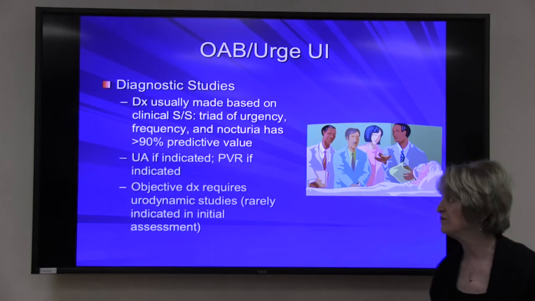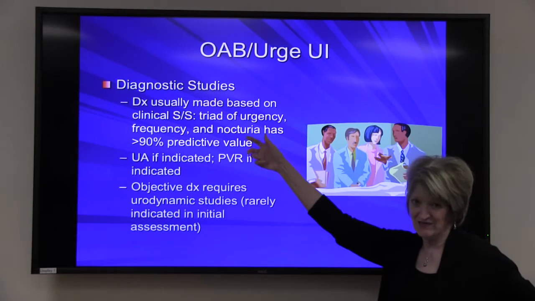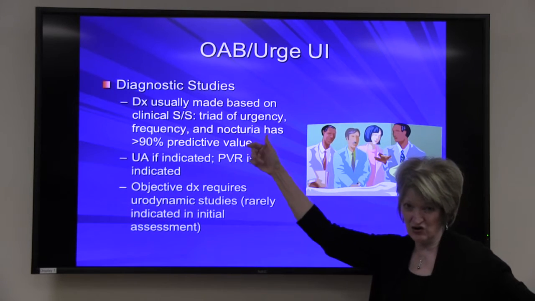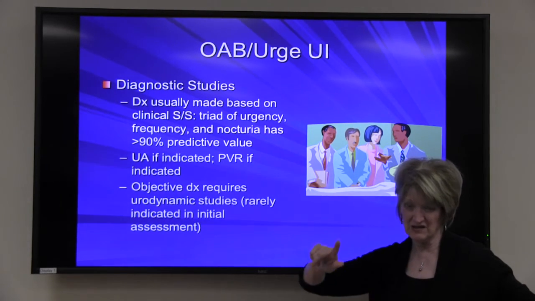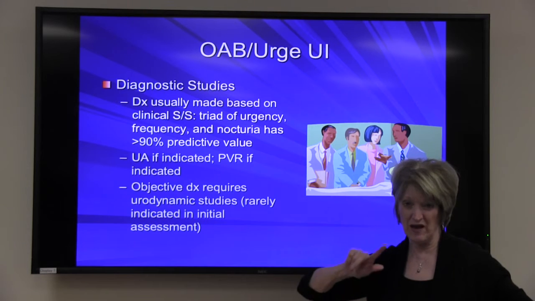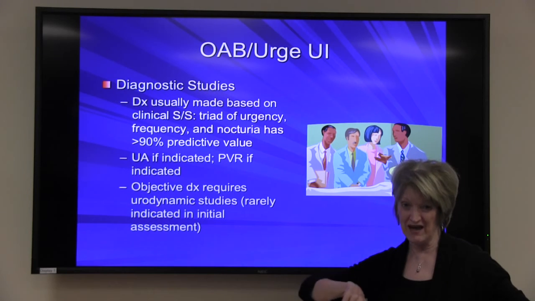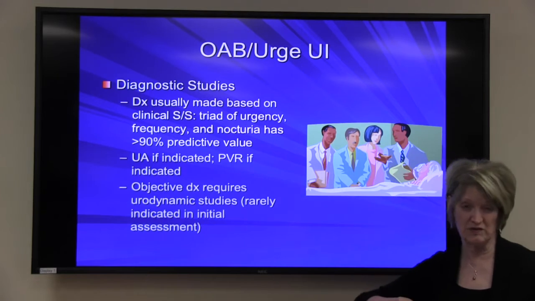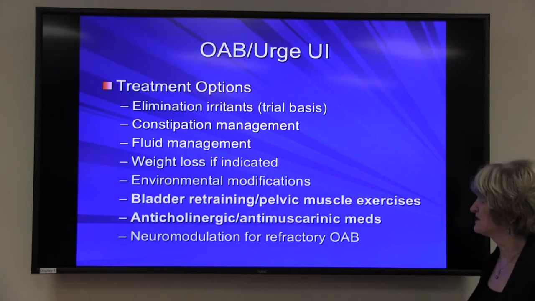We'll come back to that. Go back to this. For both stress and urge, diagnosis is primarily based on patient reports and backed up with physical exam. We'll be talking about physical exam in our next class.